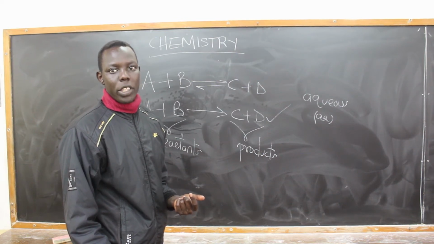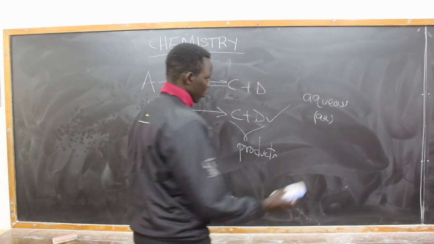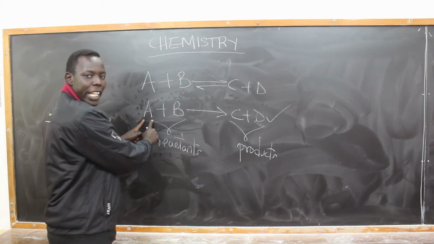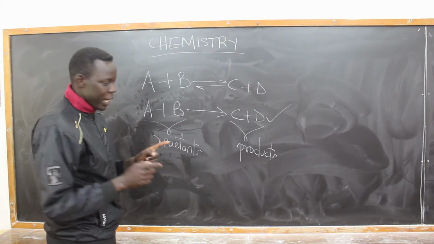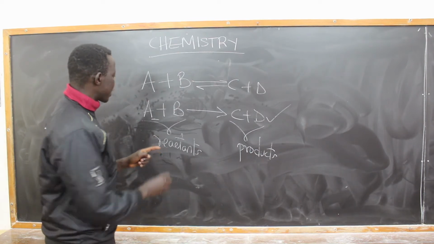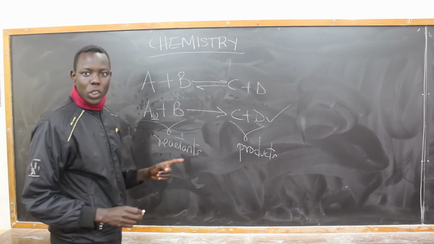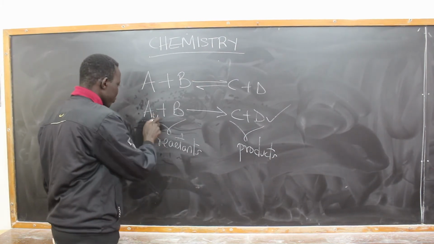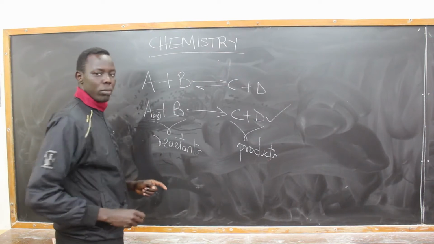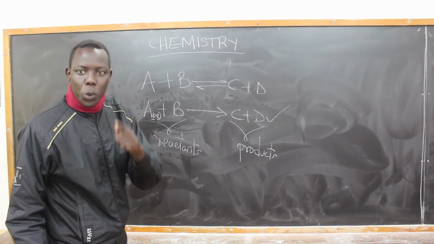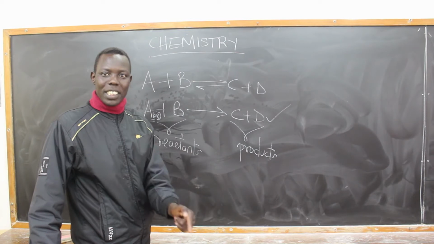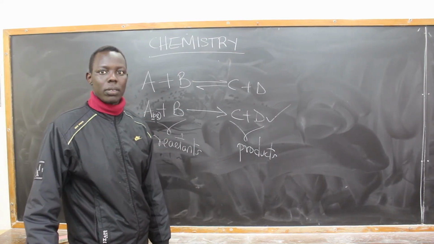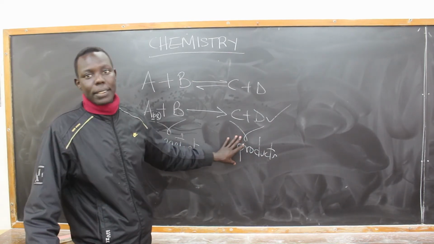So now, if that is the case, we have to assign symbols in brackets. If it is a gas, you write g. If it is liquid, you write l. If it is solid, we write s. If it is aqueous, we write aq. So again, you should be in a position to know the state symbols of various elements and compounds, both for the reactants and products.